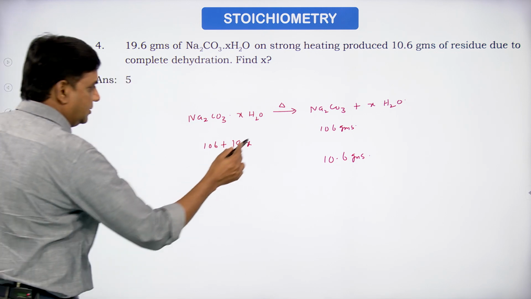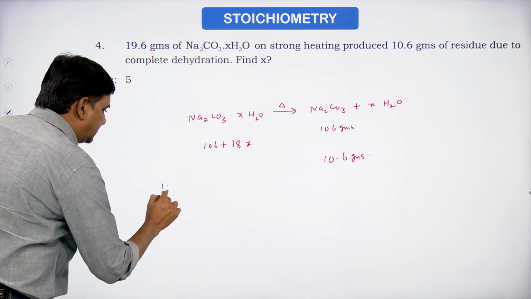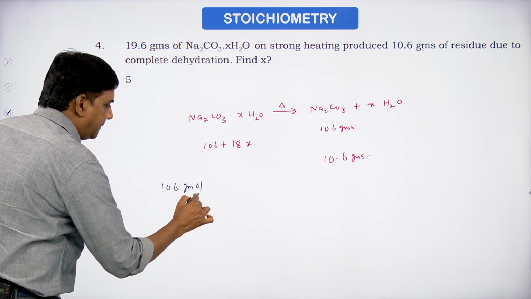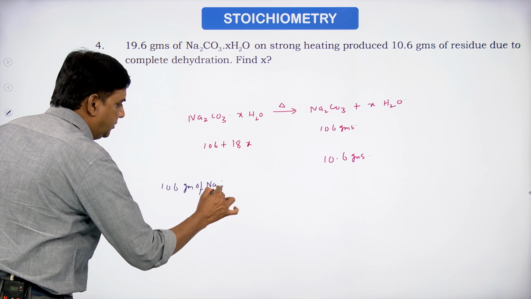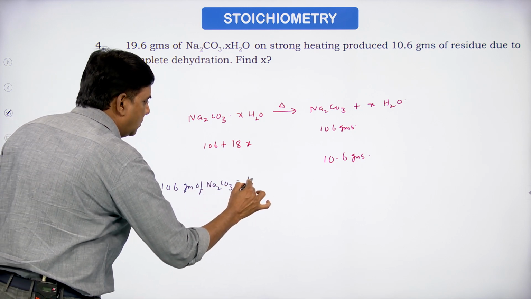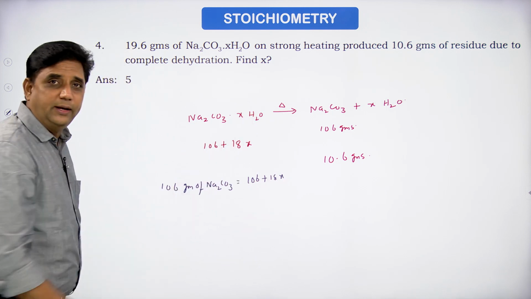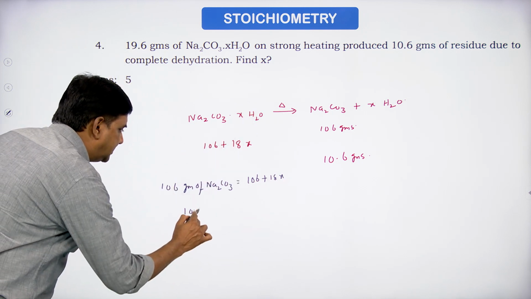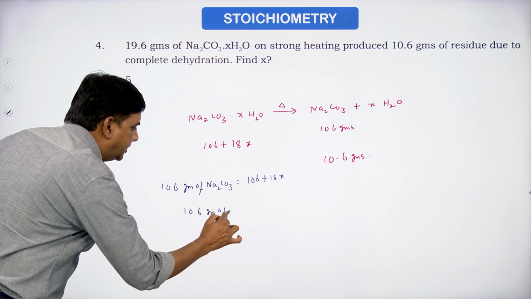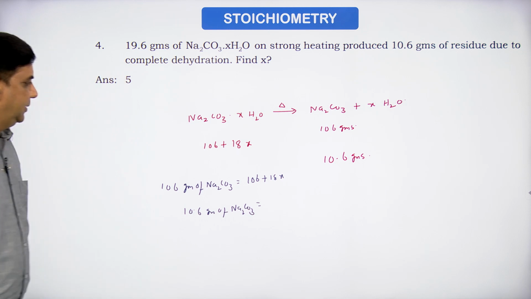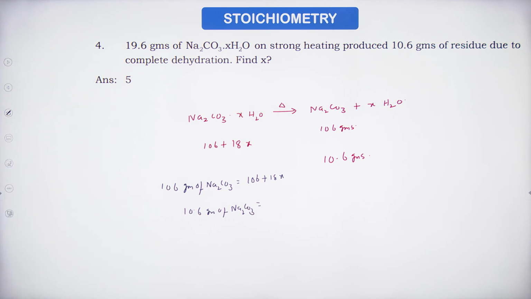Do the calculation. So, 106 grams of Na2CO3 is released from 106 plus 18x of Na2CO3 XH2O. Then 10.6 grams of Na2CO3 is given by how much?